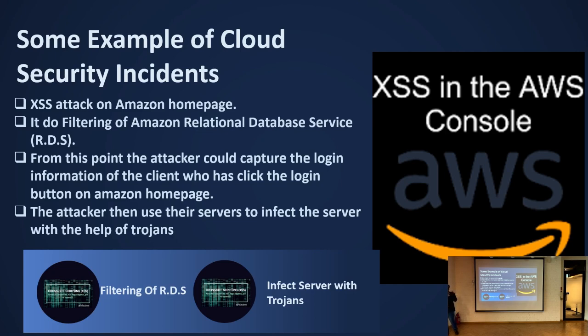The attacker manipulated the relational database in such a way that when a customer logs into the Amazon shopping site with a username and password and clicks on the login button, the data goes to the Amazon database as well as the attacker's database. In this way, the attacker can use the server to infect it, and by taking login credentials and accounts, he can deploy viruses or Trojans on the web page.